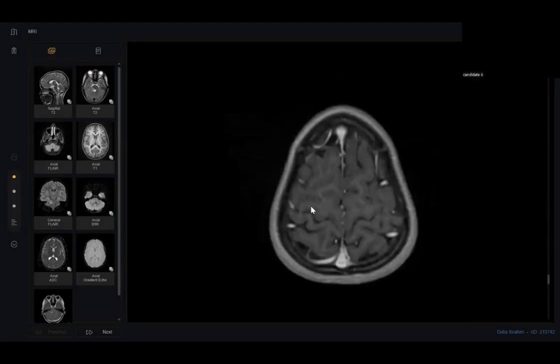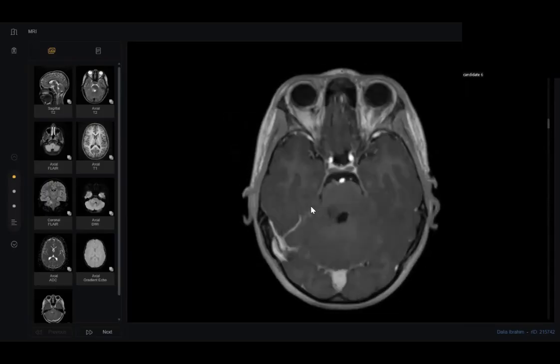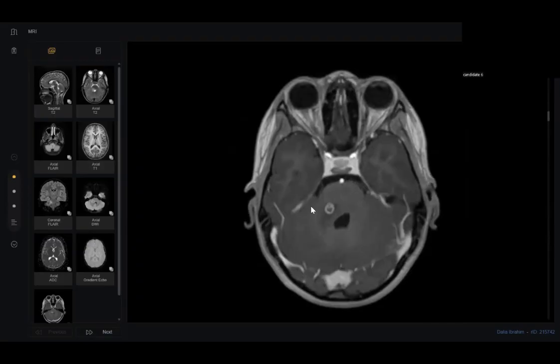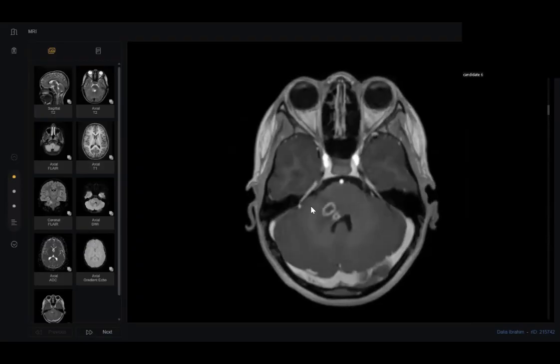So on contrast enhanced sequence, there are actually two lesions, one smaller, one larger. Both the lesions are showing ring enhancement with central non-enhancing area. Sir, can I have the diffusion weighted? This is the diffusion.